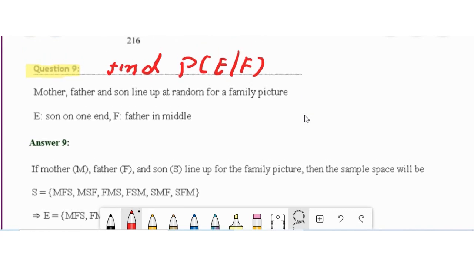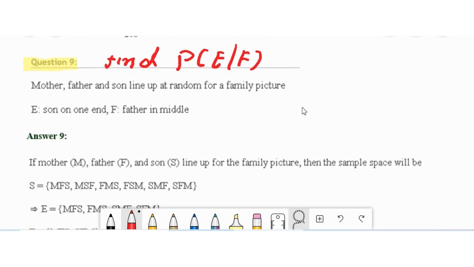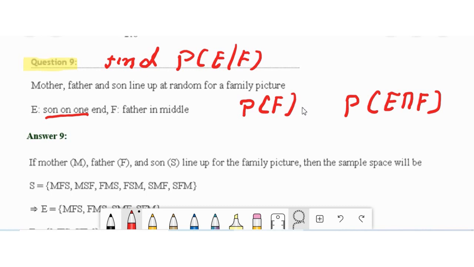Now we have to find out P of E by F. So when they instruct to find E by F, then you require P of F as well as P of E intersection F. This thing we require as we calculated above. Okay, what is event E? Son on one end. And F, father is in the middle.